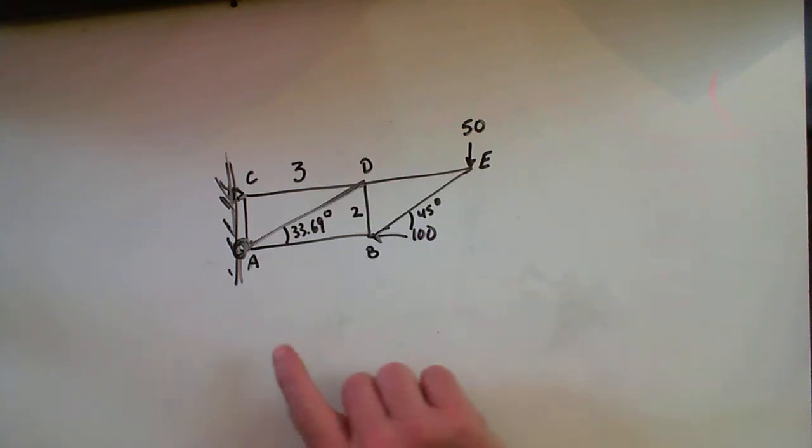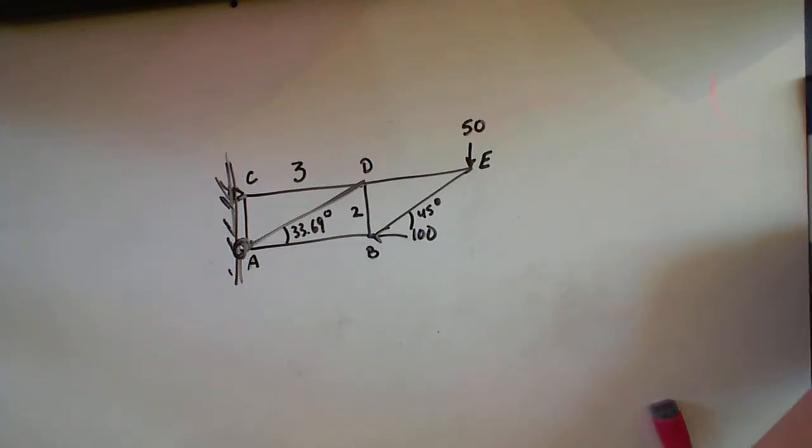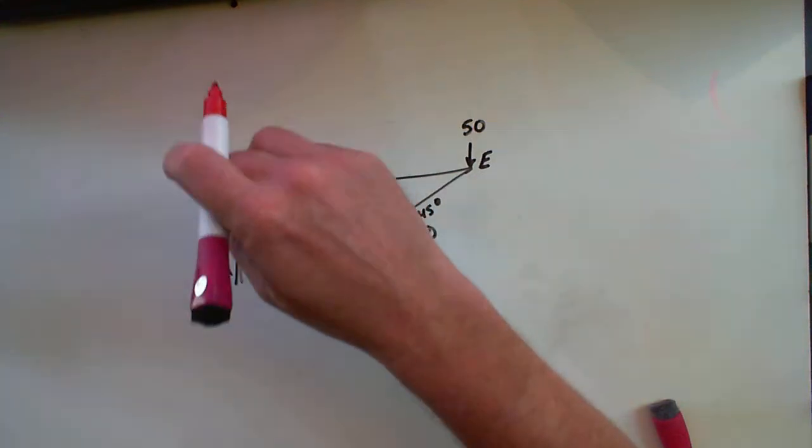So our reactionary forces are going to occur at C and at A. C is a pin, meaning it has two reactionary forces associated with it, one in the X direction and one in the Y direction. A is a roller that is attached vertically, so it only has a single reactionary force.